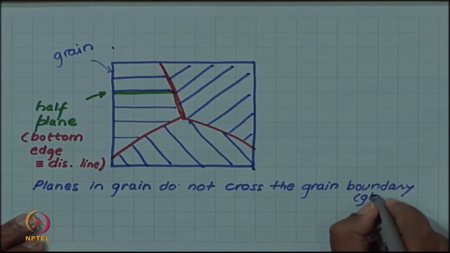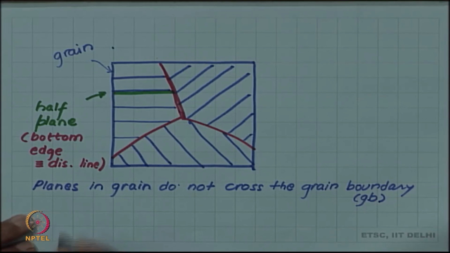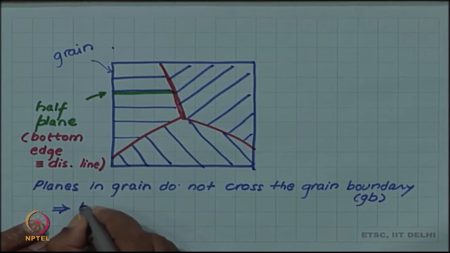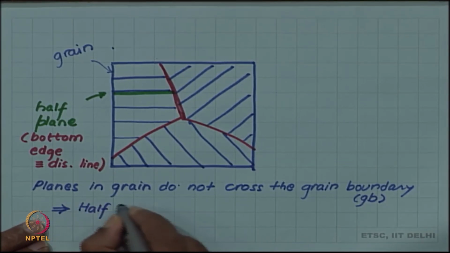Let us use the abbreviation GB for grain boundary. So, this will imply that the half plane will also not cross the grain boundary.